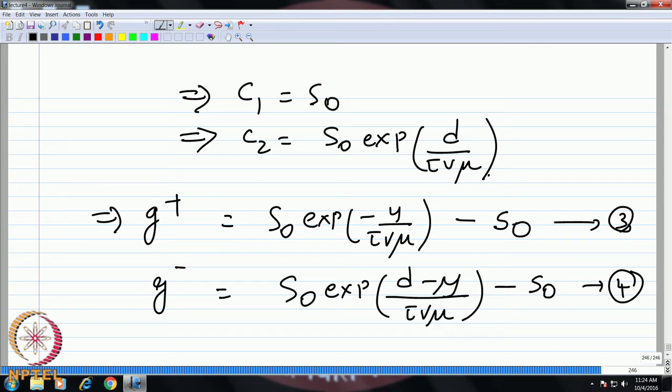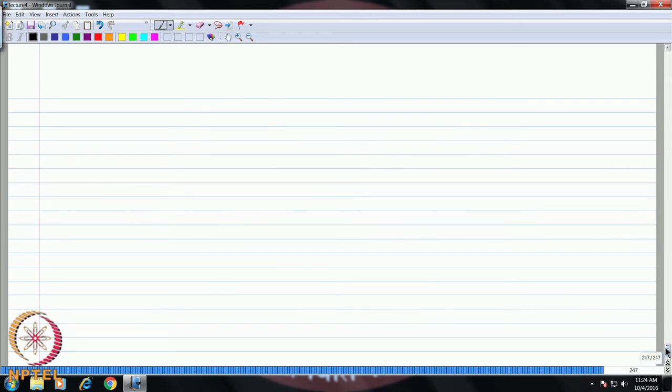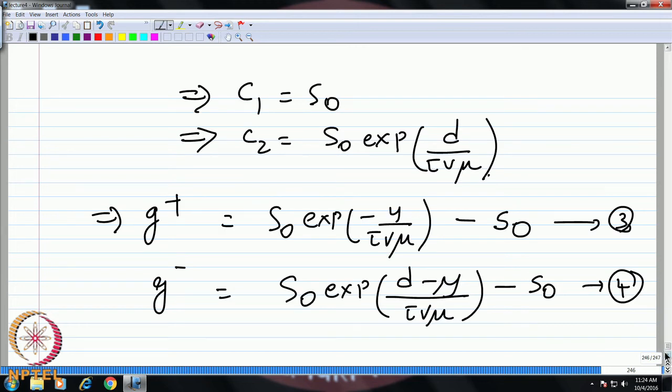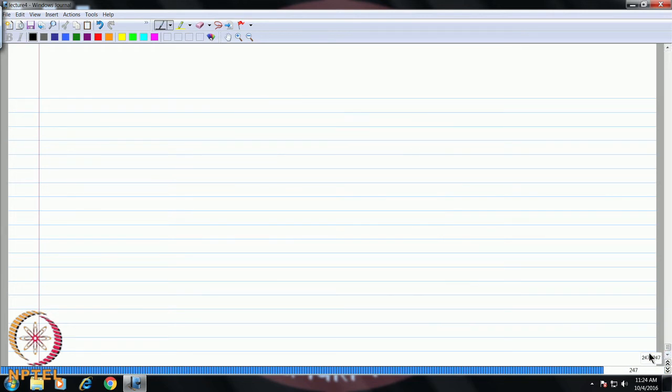That is it. Now that we know the non-equilibrium distribution functions in the positive y and negative y, all we need to calculate is the flux of the charge. So, how do we do that? We already know how to do this, right? So, what is the notation you use for charge flux?